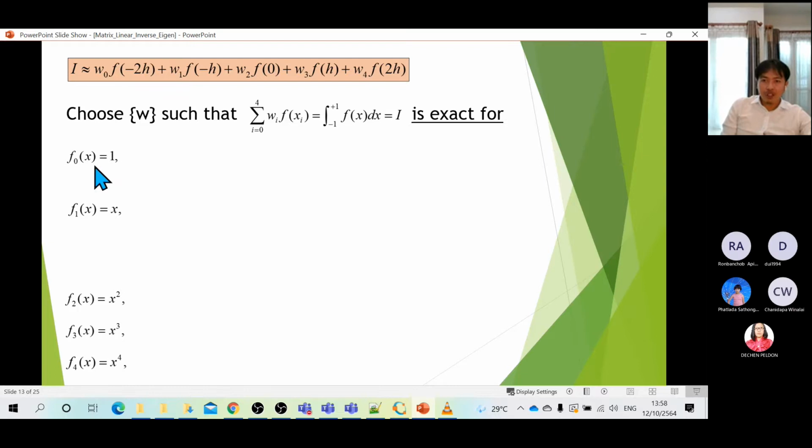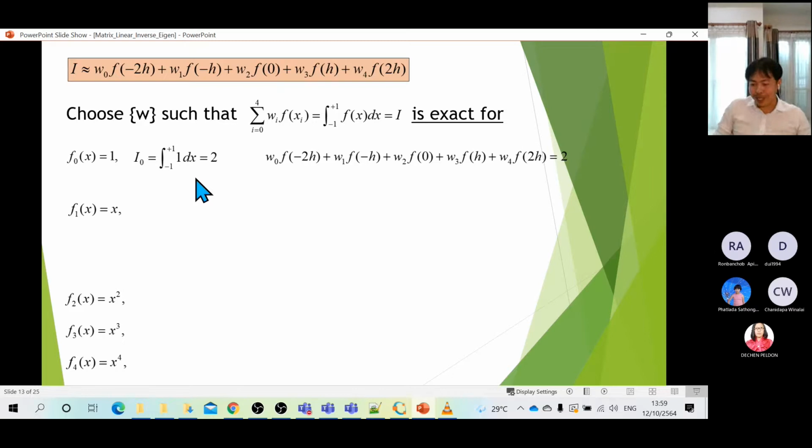If we have this first function, a constant 1 here, and I do the integration, and you can do this by hand, it's equal to 2 for that one. What about the next one? If f is an x, a simple x, I skip a step.